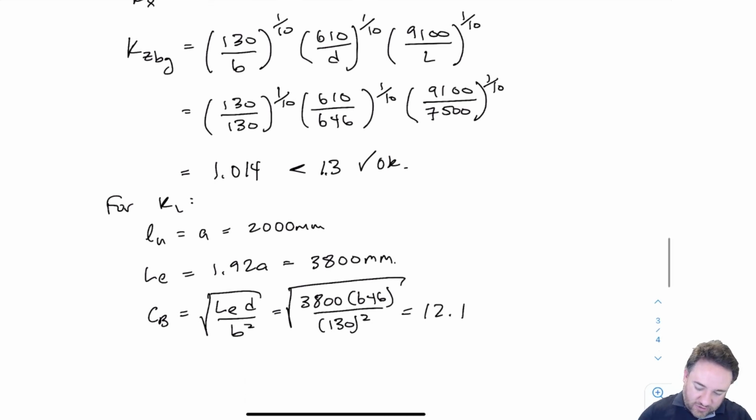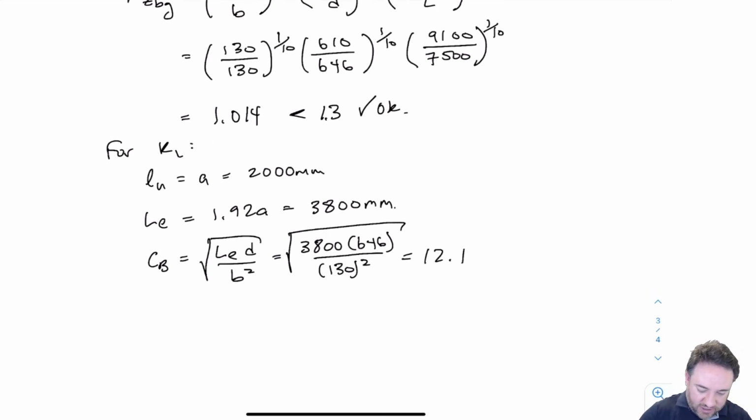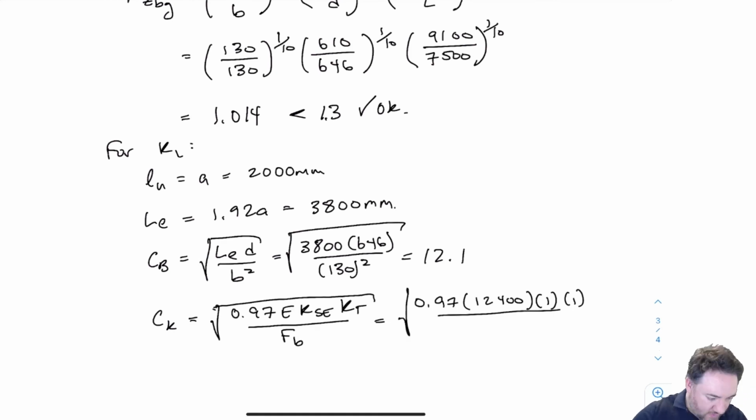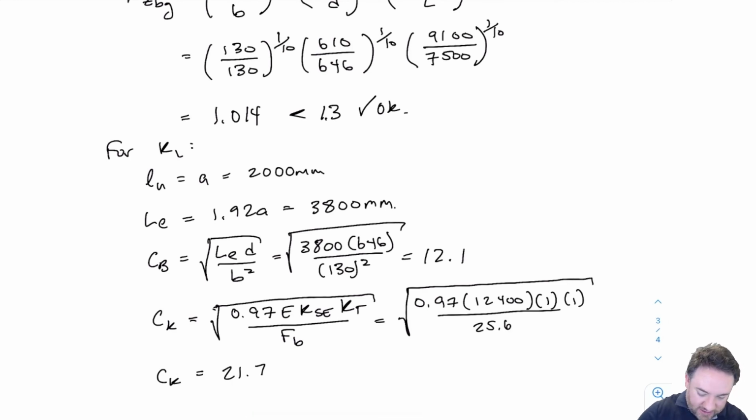Okay, so in order to figure out that reduction, we have to check if we're in the inelastic region or the elastic lateral torsional buckling region, which is what this CK factor does. Okay, so when I calculate out CK, I get 21.7. So if my CB was above 21.7, that would mean I'm in the elastic lateral torsional buckling region.